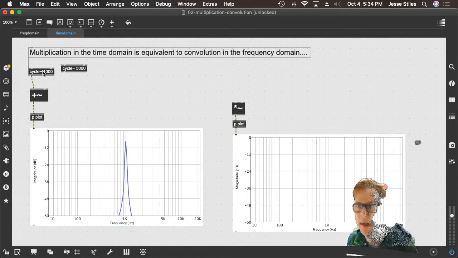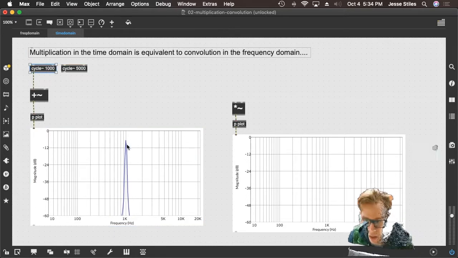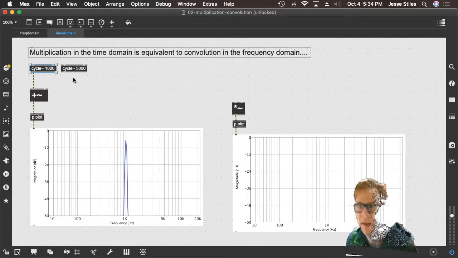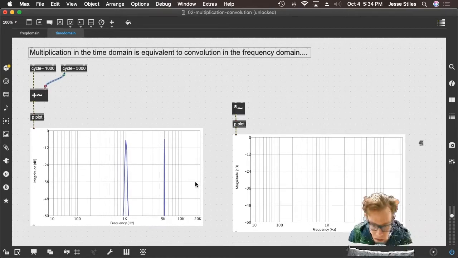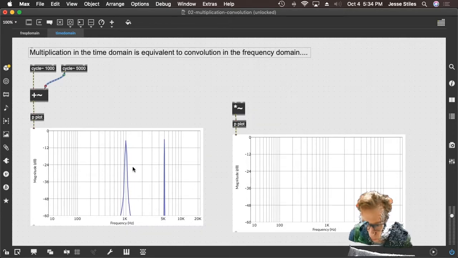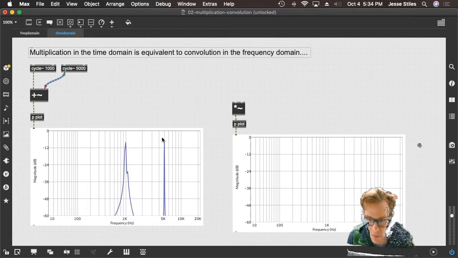So here we've got one sine wave, and we can see we have this big peak exactly at 1000, the frequency of this signal. And if we add together the second signal, you just get these two signals, and you see them both in the frequency domain. You've got your 1000 cycles per second and your 5000 cycles per second.